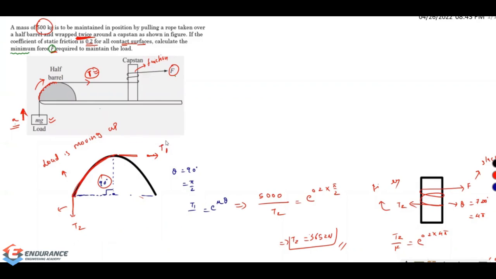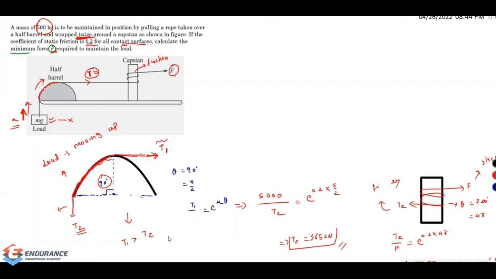Because T1, the tension which I'm applying in this string, is not only going to lift this load, it is also going to overcome the friction. That is a speciality of friction. Sometimes friction will be positive for us, sometimes negative. If I want to hold this load at the same position, friction is helping us. But if I try to lift this body up, friction is going to oppose this. So in this case, T1 will be greater than T2.